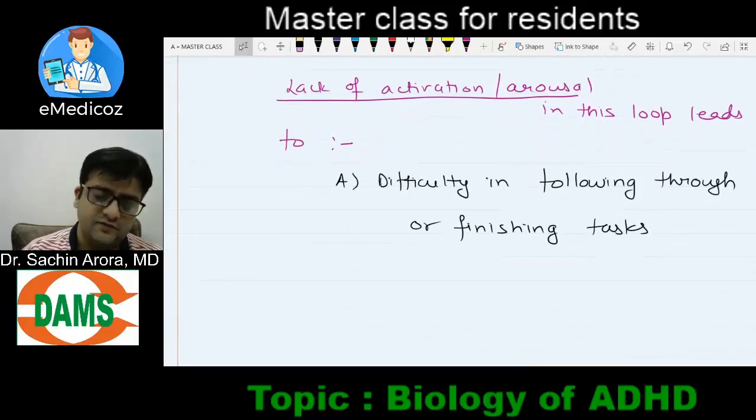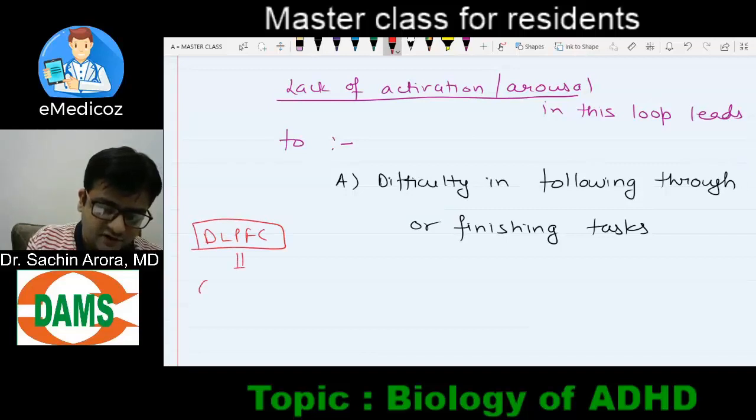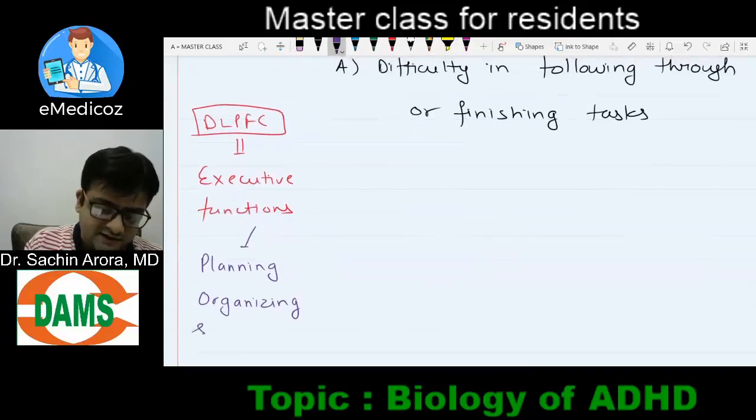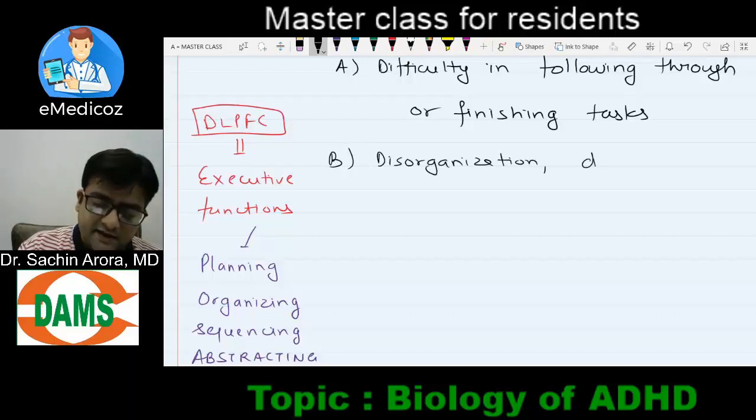And as you know, DLPFC is the part responsible for executive functions. Executive functions include planning, organizing, sequencing, abstracting.